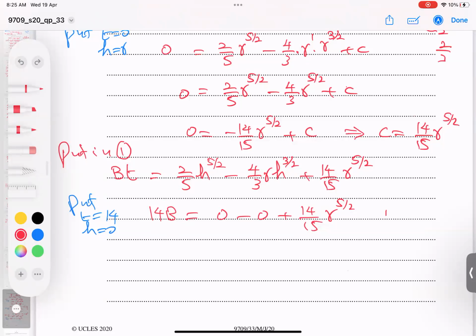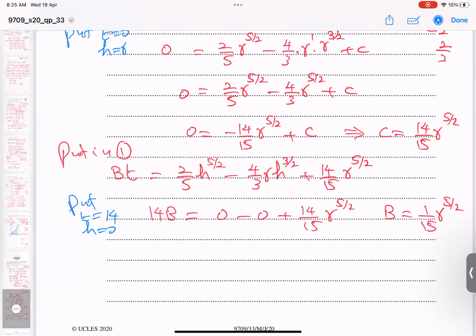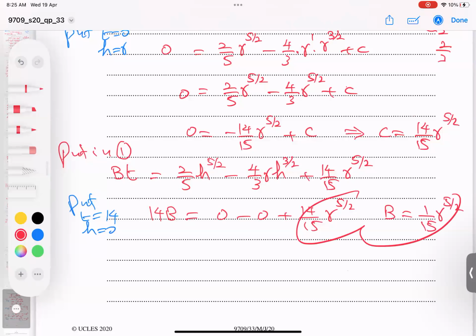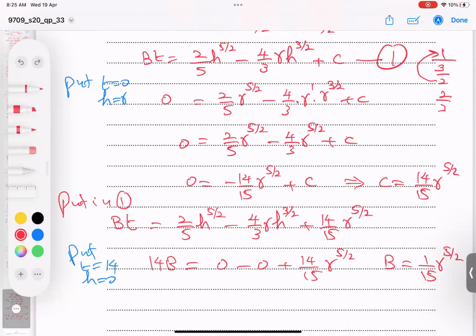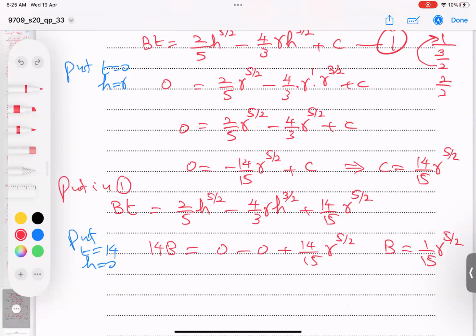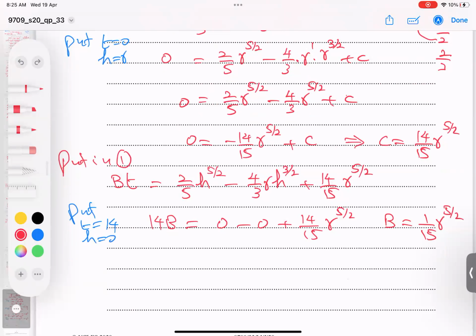So b value is becoming 1 over 15 r to power 5 over 2, because this 14 goes down and 14 cancel out. So I get this as it is. I think you got the idea. This value I plug back in the equation here.